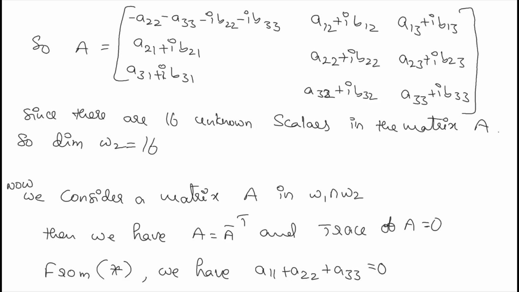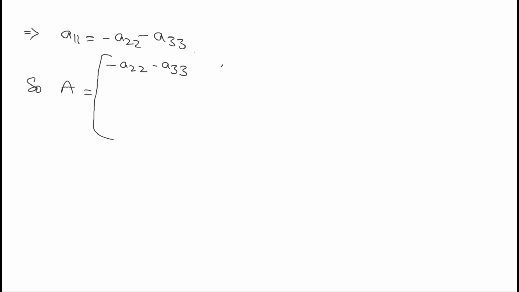That means it implies A11 equal to minus A22 minus A33. So we get the matrix A as minus A22 minus A33, and A12 plus IB12, A13 plus IB13.